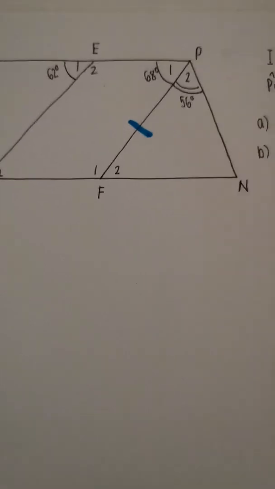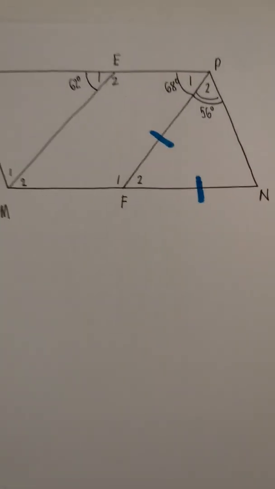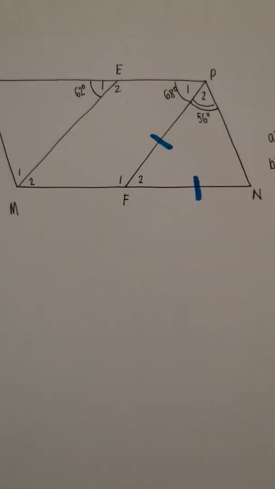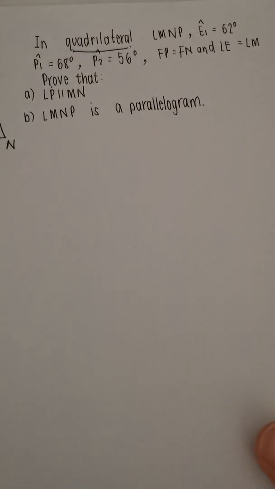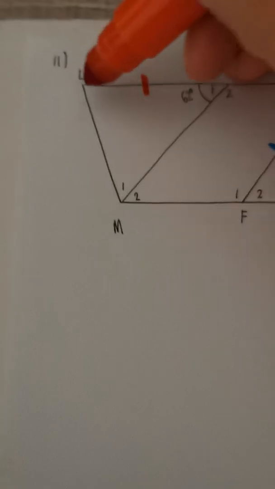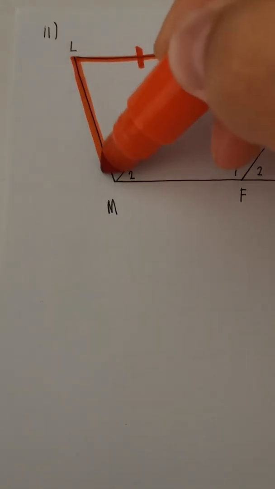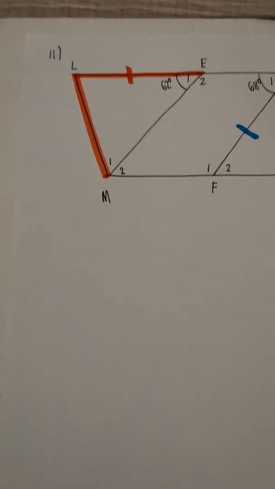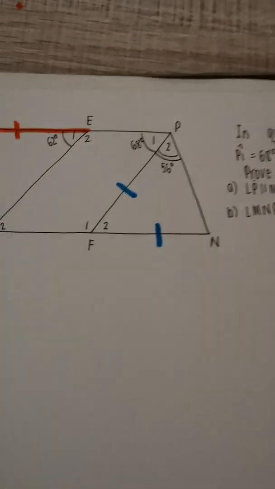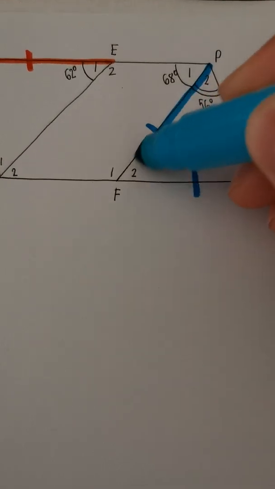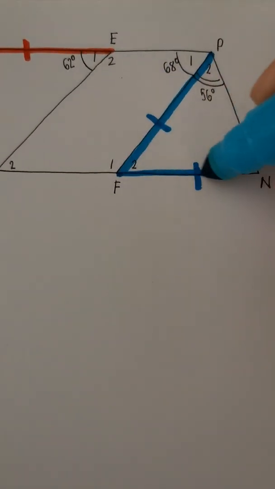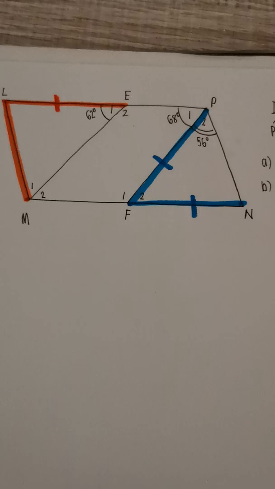FP equals FN, so those two are equal, right? We don't know anything else. And LE equals LM. LE equals LM. Let's fill that in. LE, this part. Let me just recolor code this part. Okay, that's what we know.